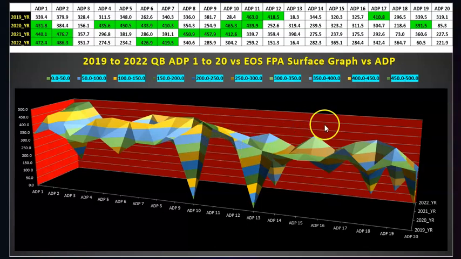And then, what is it? 11's a little risky. Let's say 12 to about 18, and then another final tier. My issue is, look at 10. Historically, over the last 4 years, 10 has been a sad situation.